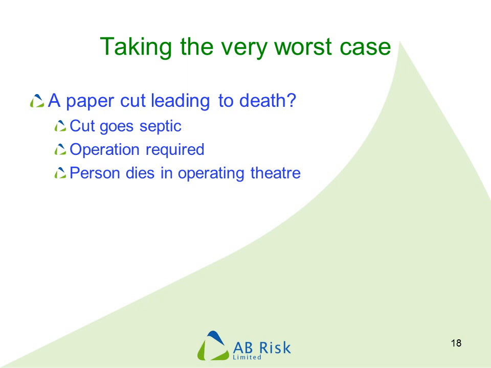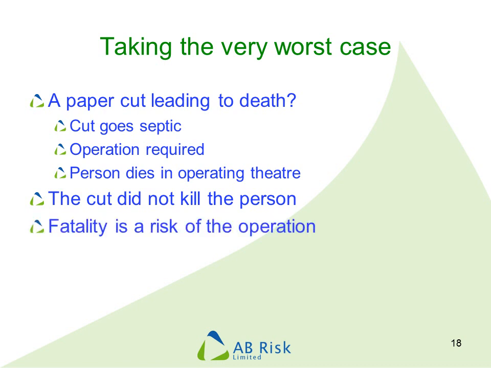You start to think, well, should we say fatality, an S4 severity for every little cut? Well, that's not going to help us. In this case, the cut didn't kill the person, it was the operation, and fatality is a known medical risk. So I think we should cover that risk under the medical side and not from the original cut.